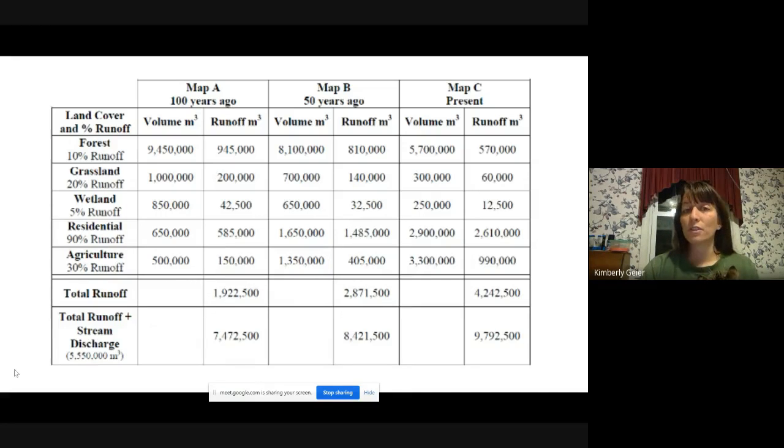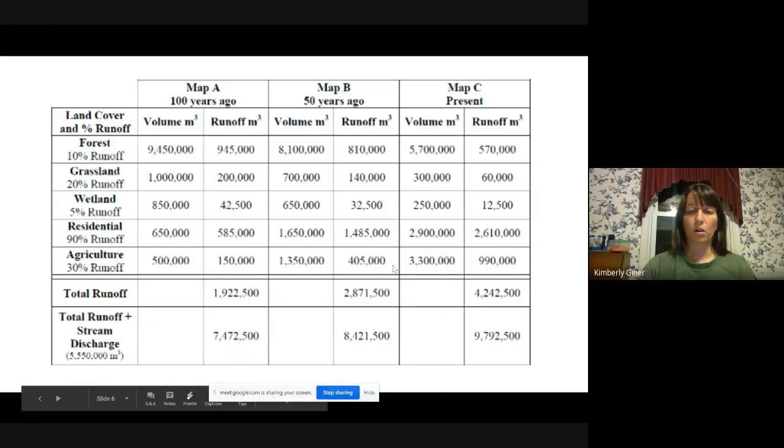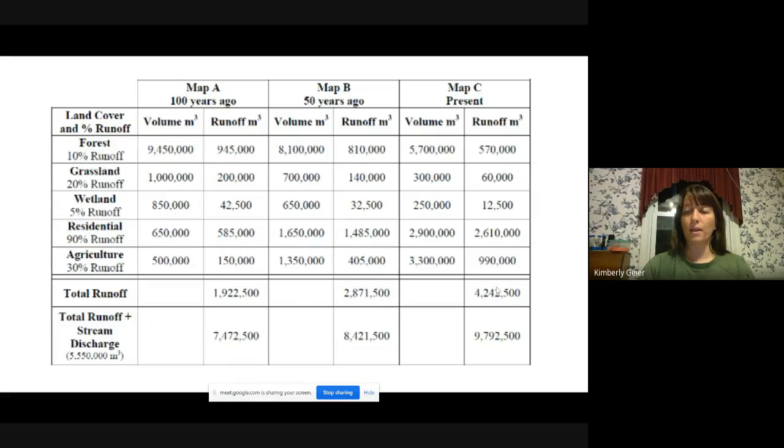So, if we have this increased erosion or just pollution running off, or even increased flooding because we get lots more runoff during a rainstorm, if you see, we get more than double our total runoff here between map A and map C. That's just a lot more water for every rainstorm.